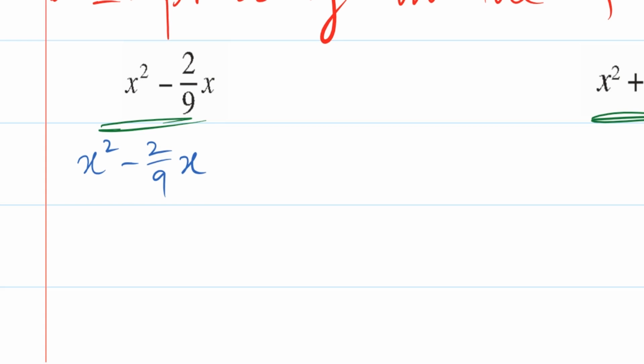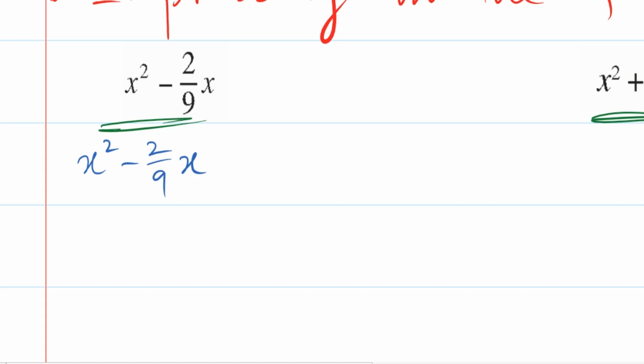Why? Because we have to add and subtract the square of half of the coefficient of x. When you take the square of half of the coefficient of x, whether it is negative or positive, by taking its square it will become positive.